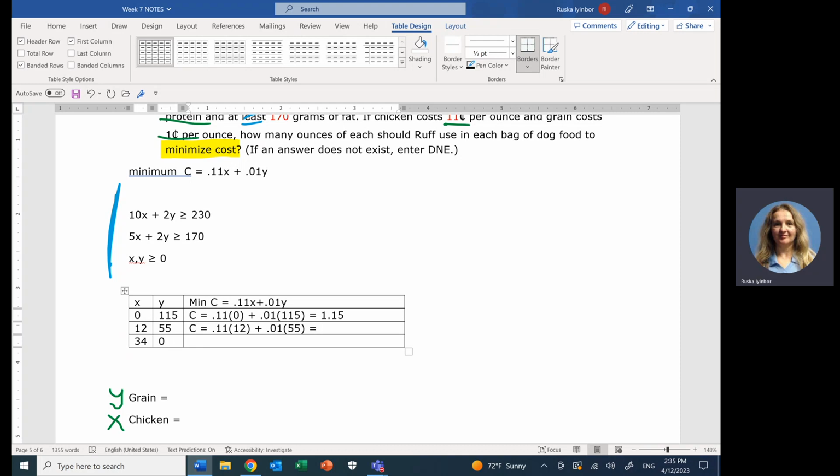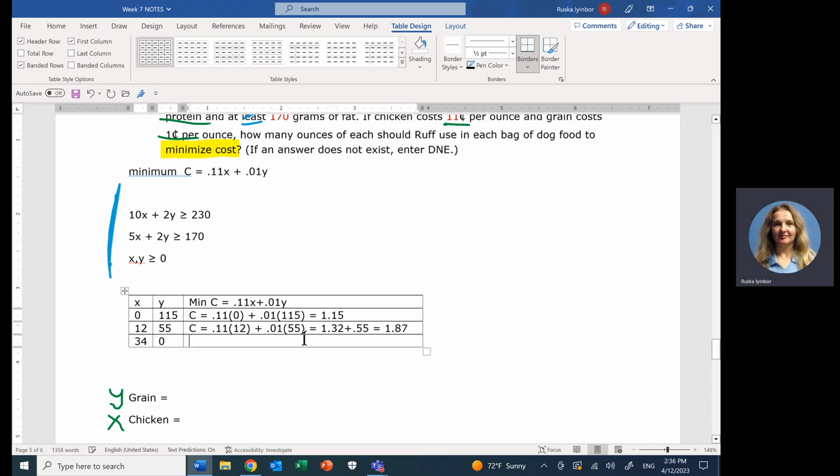I have 0.11 times 12, that's 1.32, plus 0.01 times 55, it's 0.55. And when I add it together, I'm gonna get 1.87. So this is the price if you do the second corner point.